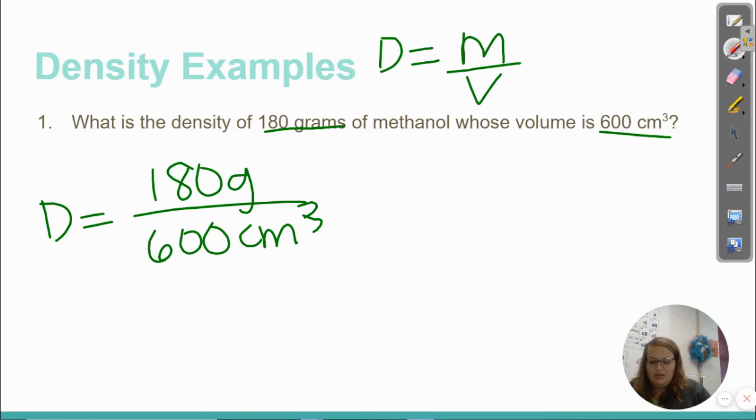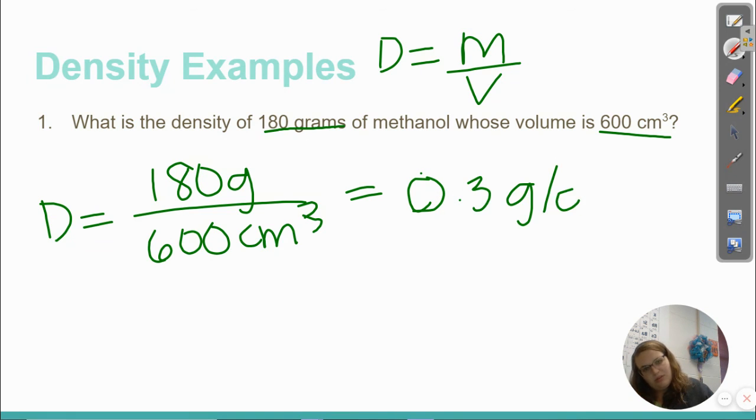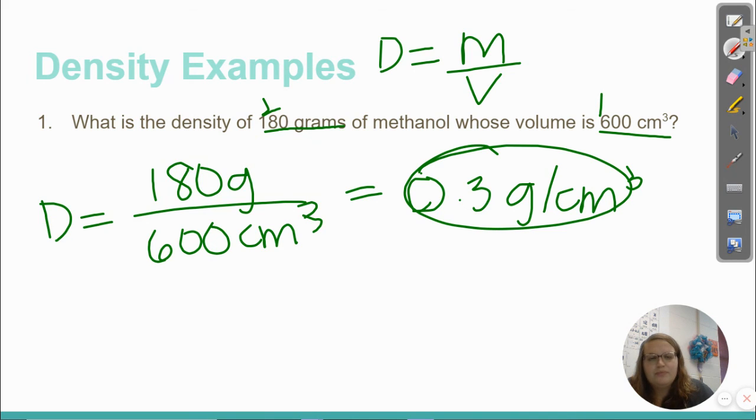So 180 divided by 600 gives me 0.3 grams per cubic centimeter. And if I'm going to do significant figures here, I have 2 here, 1 here, and I already have 1 in my answer, so that works out really well.